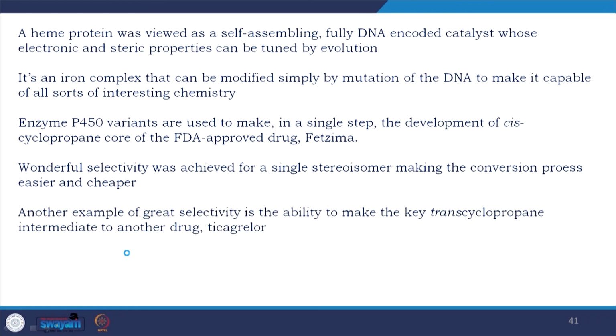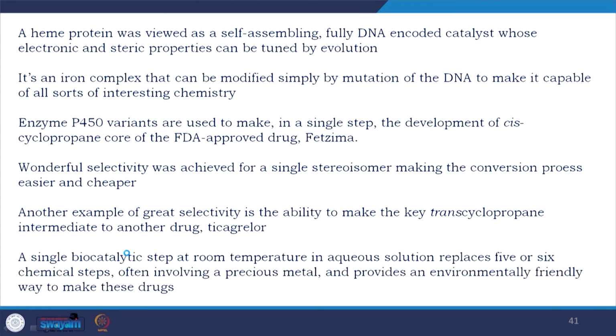Another example of great selectivity is the ability to make the key trans-cyclopropane intermediate to another drug, ticagrelor. A single biocatalytic step at room temperature in aqueous solution replaces 5 or 6 chemical steps, often involving a precious metal, and provides an environmentally friendly way to make this drug.